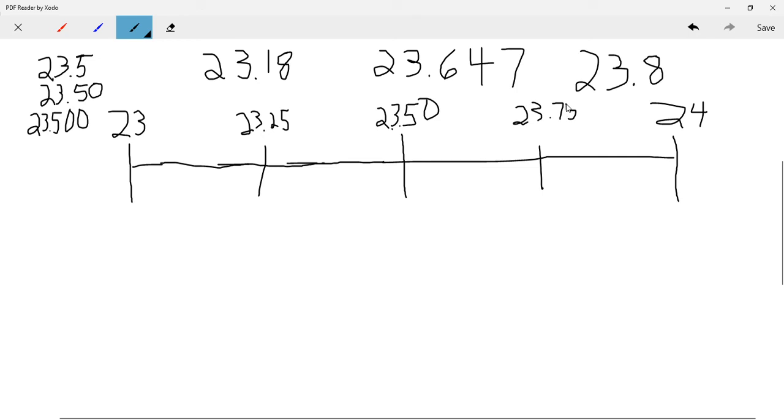And then $1. So really, any number that is in this range from 23.25 to 23.75, so lower than this but higher than this, will round to the half, right?